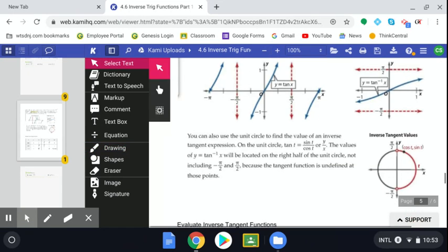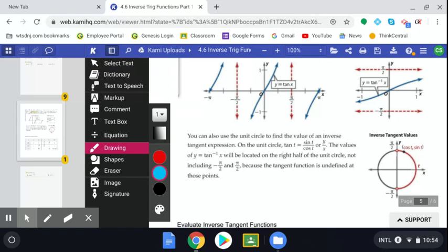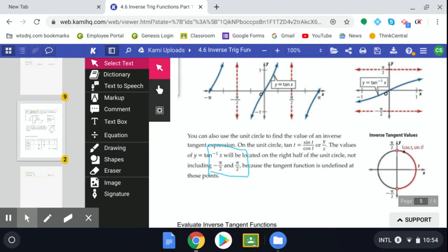So that's down here. There is a very nice summary later; I'll show you that to help you with the restrictions. Not including pi over 2 and negative pi over 2, of course, because you get a 0 in the denominator, which means they're not included.